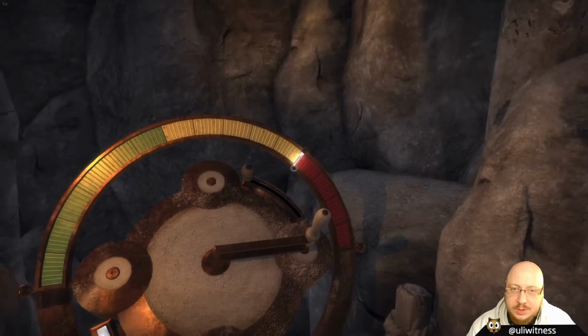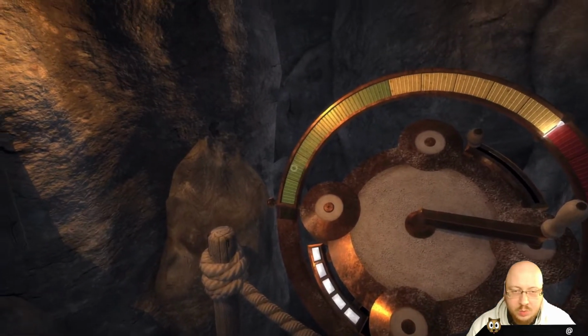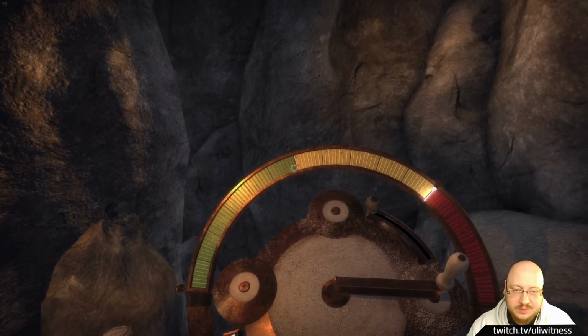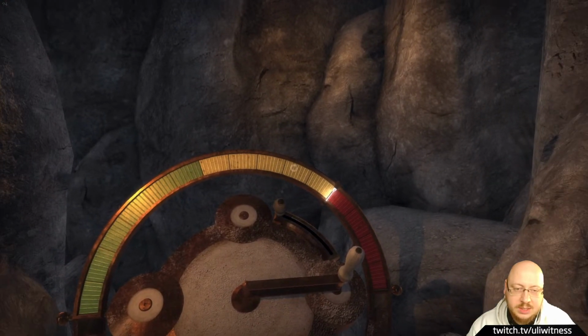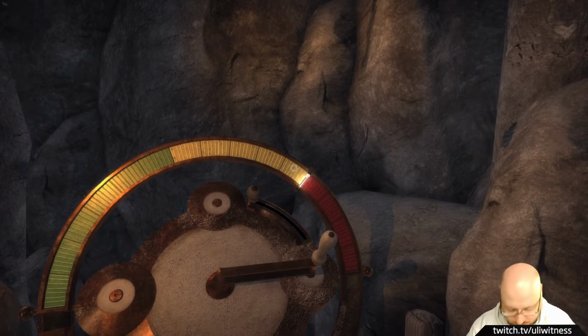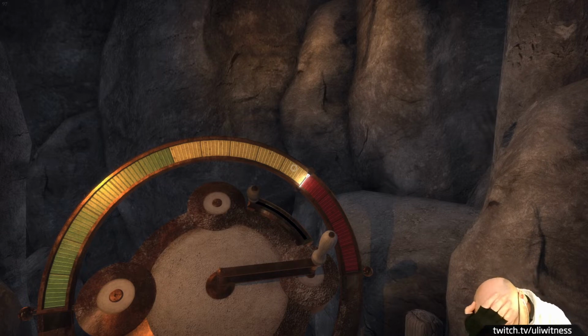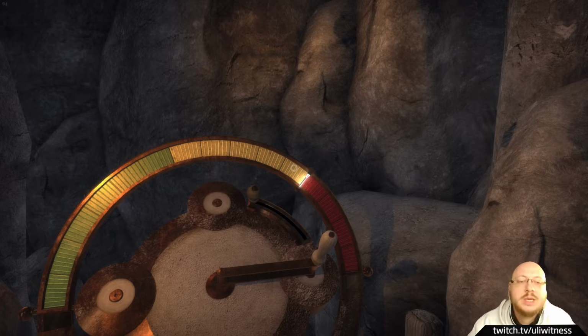Alright, so we need to get to here. 1, 2, 3, 4, 5, 6, 7, 8, 9, 10, 11. So we need 11. So now the problem is, how do I get to 11 just with 5 and 7 steps?